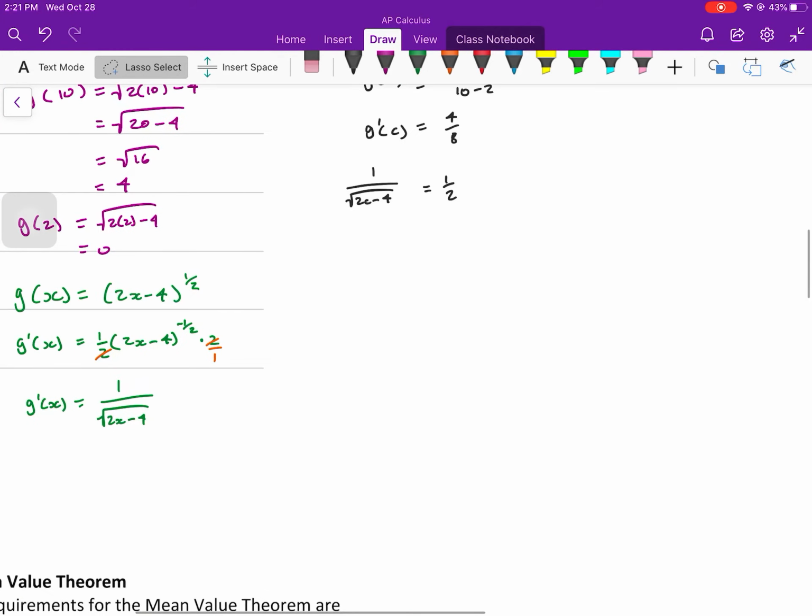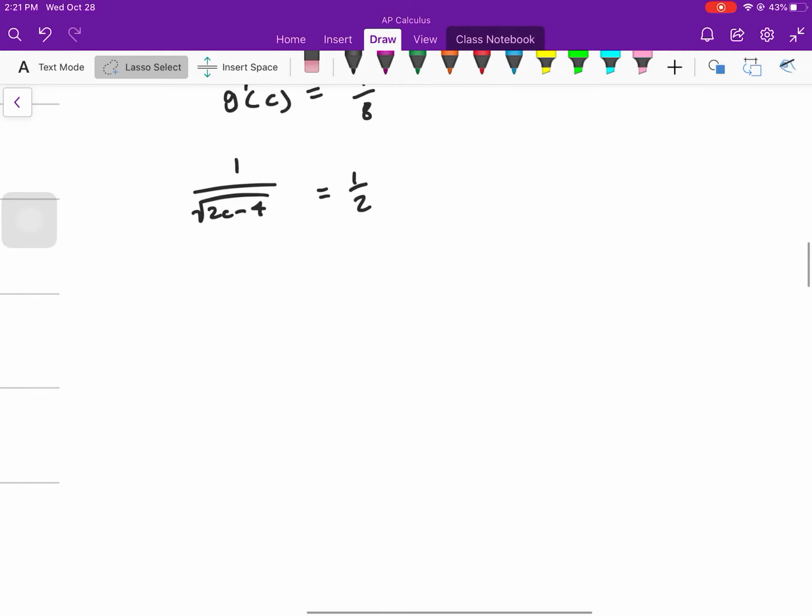Okay, now that we're here, what we're going to go ahead and do is we're going to cross multiply. So we have a fraction equal to a fraction. So the best way to go about this is to cross multiply. So what's going to happen is we're going to have square root of 2c minus 4 equals, because that's times 1, and then 2 times 1 is 2. So just a little cross multiplication. Then we're going to square both sides.